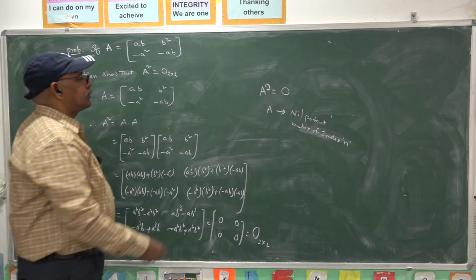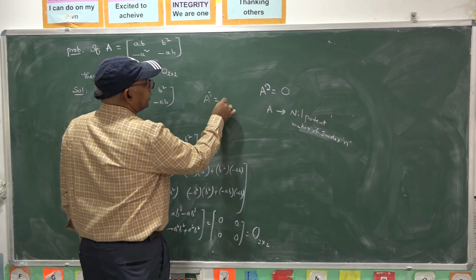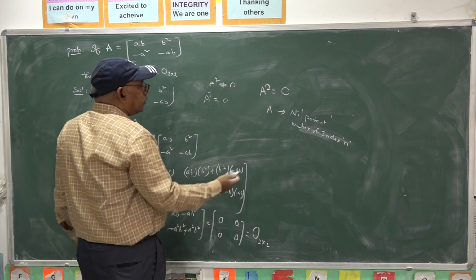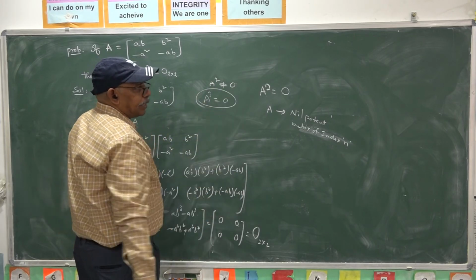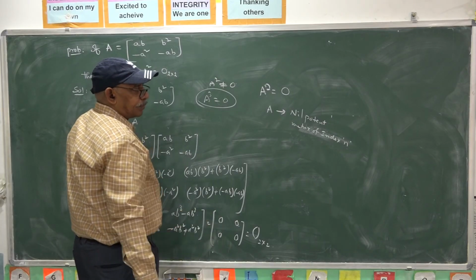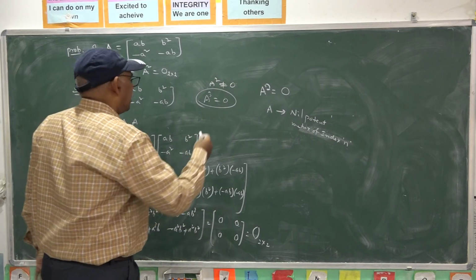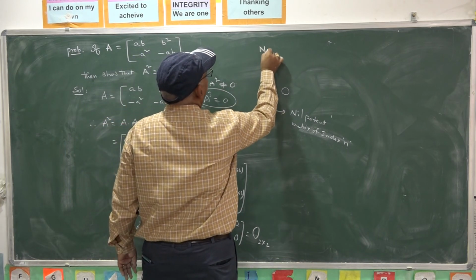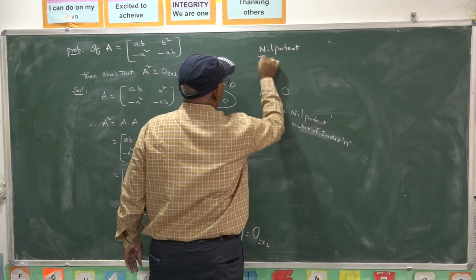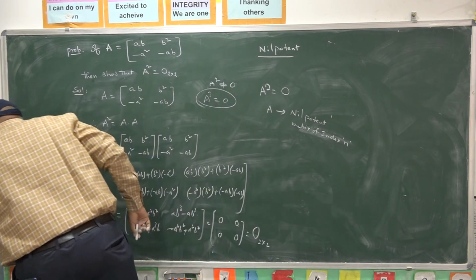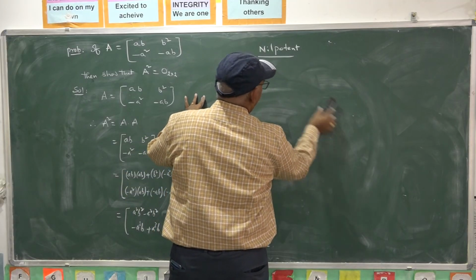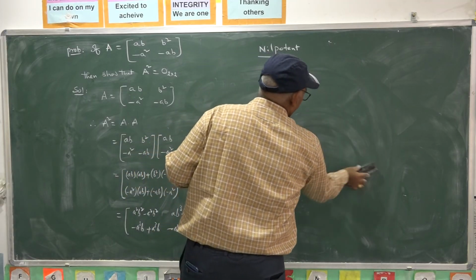In certain cases it may be A cube 0 and A square may not equal to null matrix. In such a case the index of such a nilpotent matrix is 3. So take the definition of this nilpotent matrix. As with idempotent, this is one more type.